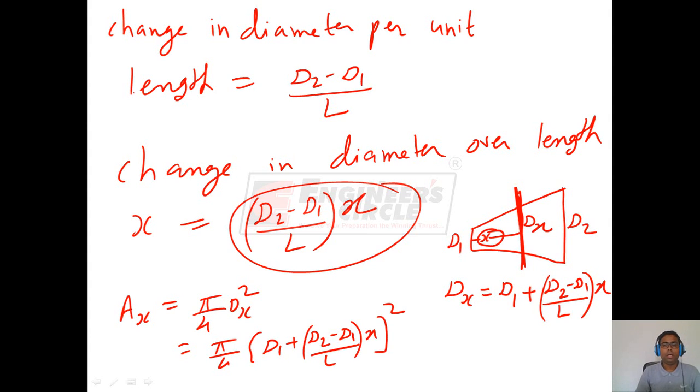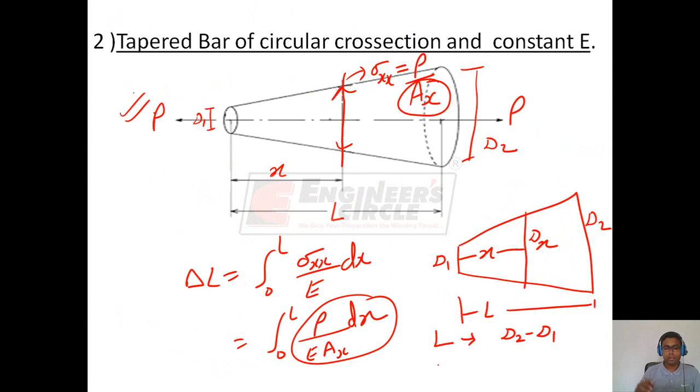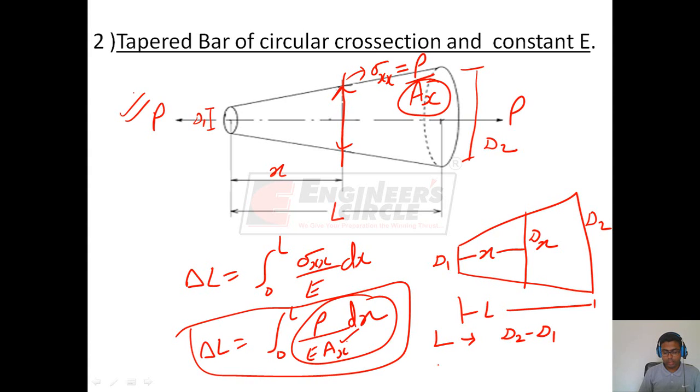So we have found the area at any distance x. Now putting this area in the equation of elongation, delta L is equal to integration 0 to L P by E Ax into dx. We put area Ax here, then we integrate to find delta L.